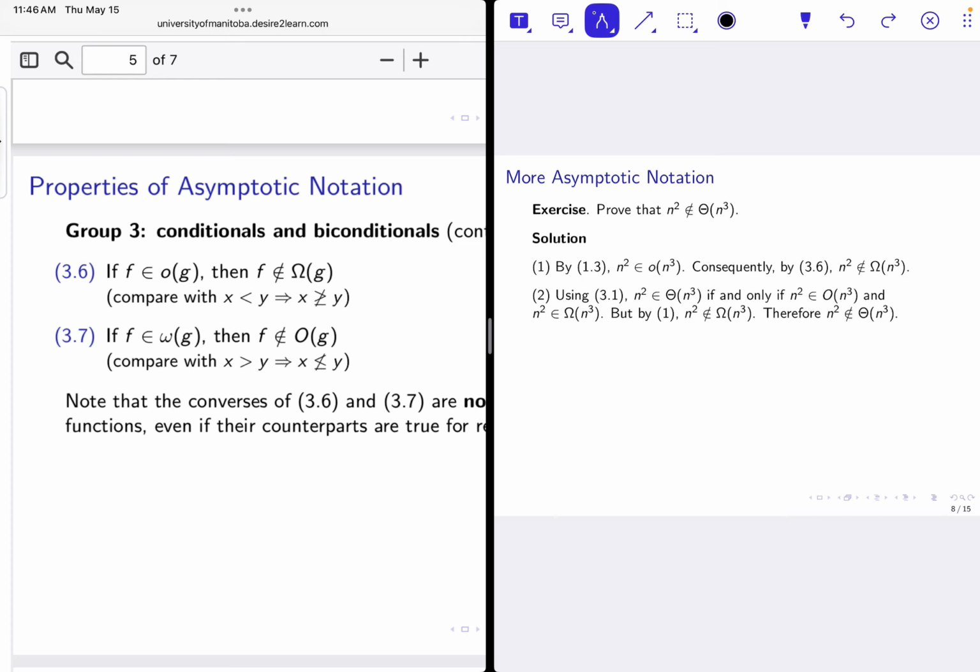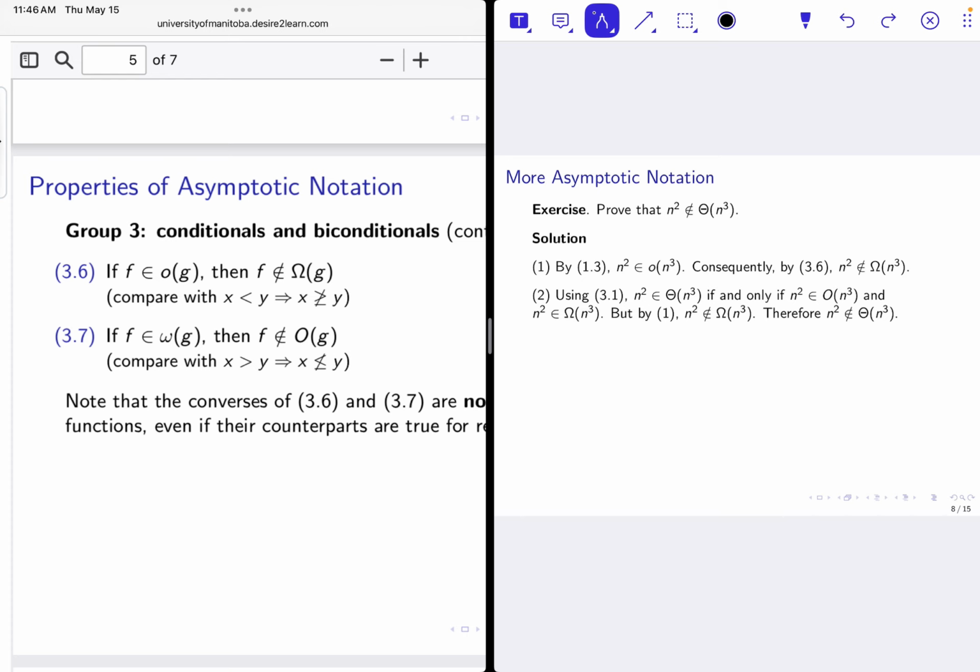As always, the relationships between these random letters, some of which are Greek, others are Latin, may be unintuitive, but you should keep in mind the comparisons with numbers and their comparators. If x is strictly less than y, then x is less than y. It's not equal to y, and it's definitely not greater than y.